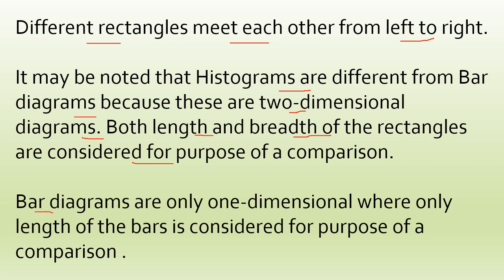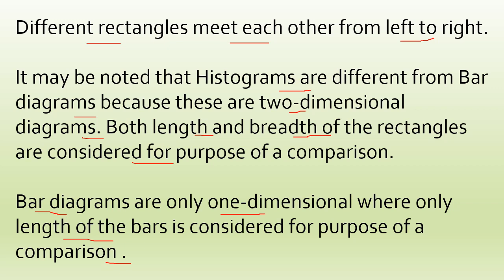Whereas bar diagrams are only one dimensional, where only the length of the bars is considered for the purpose of comparison. Width or breadth of the rectangle is not considered. In bar diagrams, only its length is considered for the purpose of comparison.